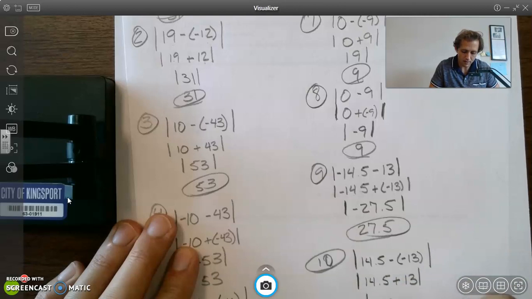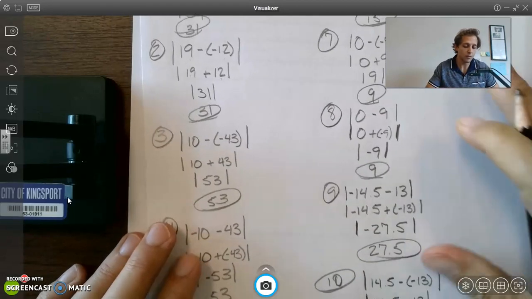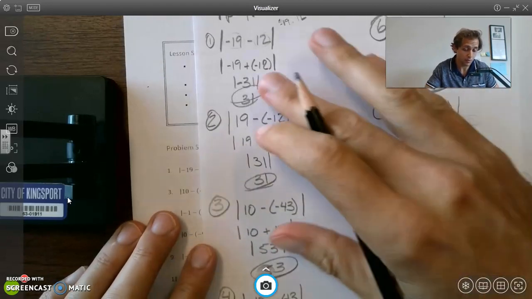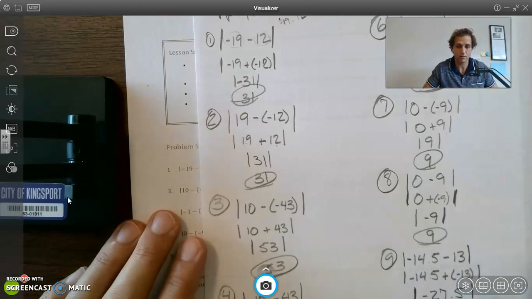And that gives me 27.5. The absolute value of 27.5 is 27.5. There we go. So, hopefully we saw the pattern. 31, 31, 53, 53, 15, 15, 9, 9, 27.5, 27.5.